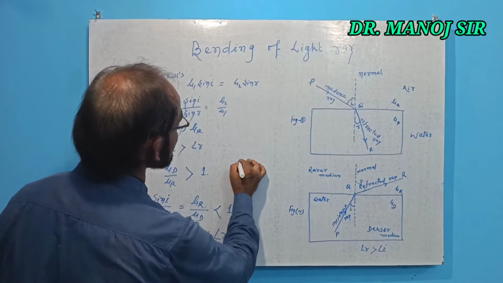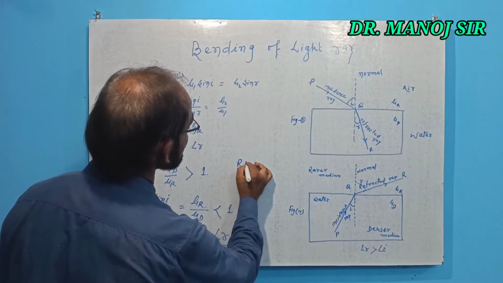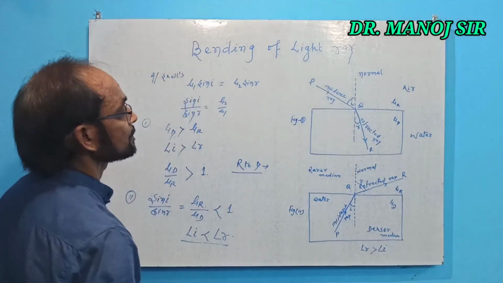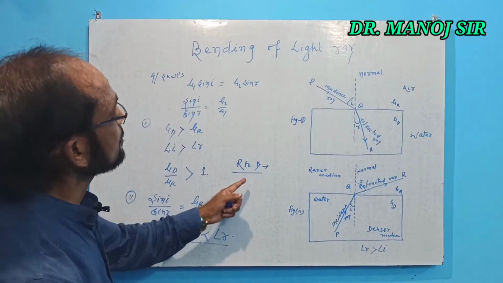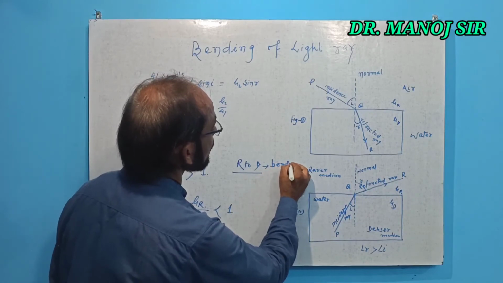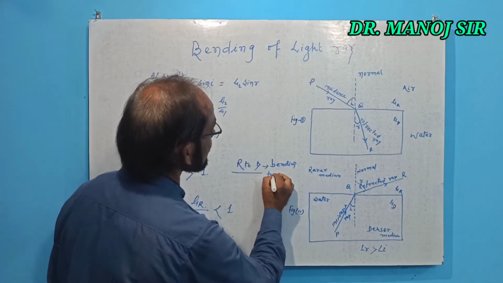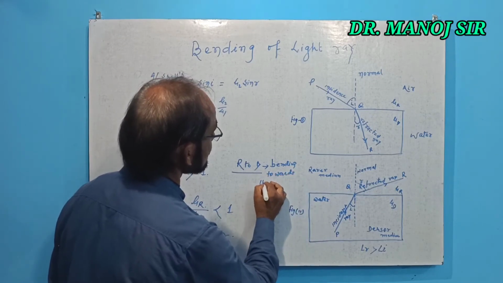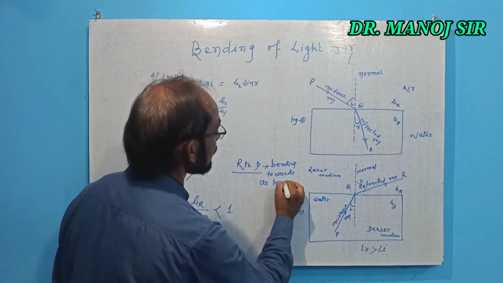It means rarer to denser, bending towards the perpendicular.